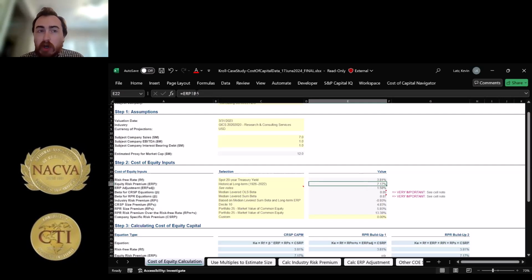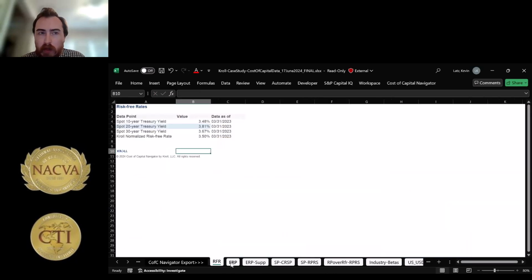Now, these are actually hooked up via an Excel export. So if you export the view data that we've been looking at, if you look at the tabs at the bottom, each tab will be organized by the data point. So I'm on the risk-free rate tab. We're looking at all the available risk-free rates as of our valuation date, and we can see the 3.81%. So it's directly linked up to the export and being pulled in for our calculations.